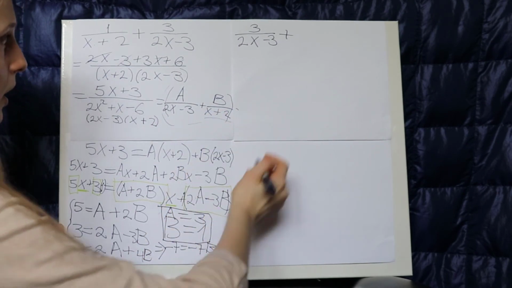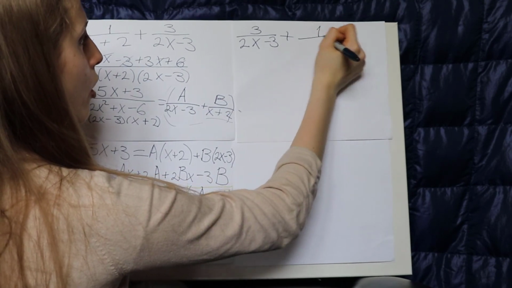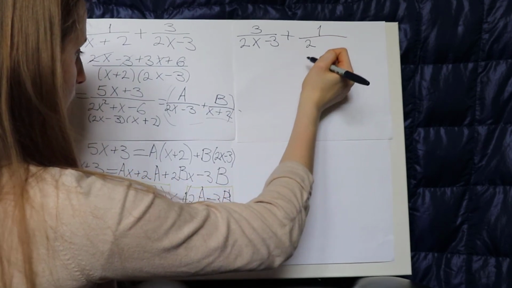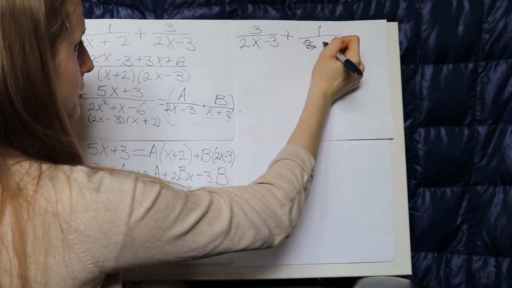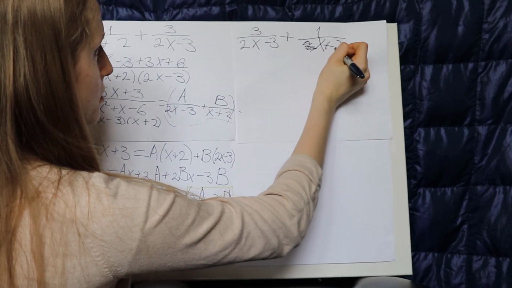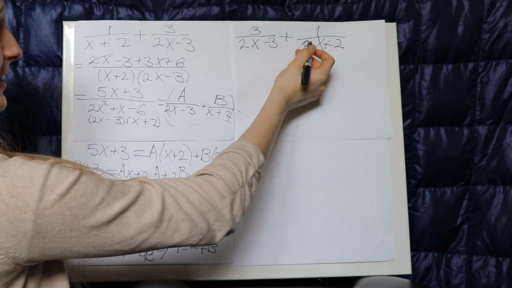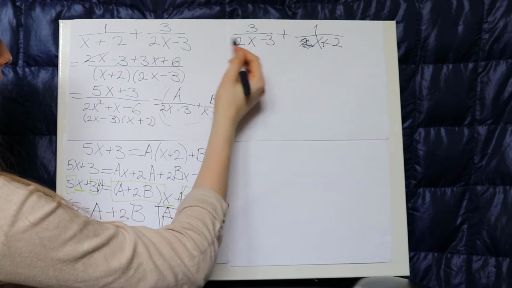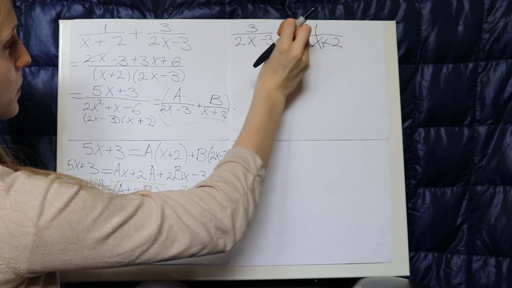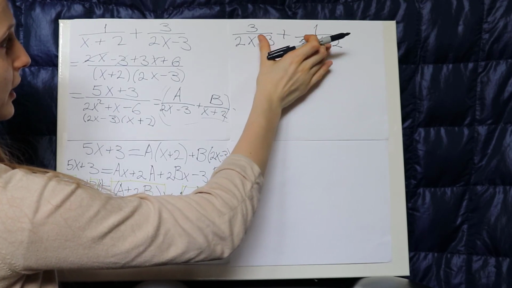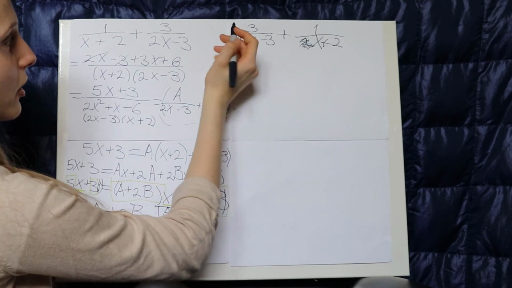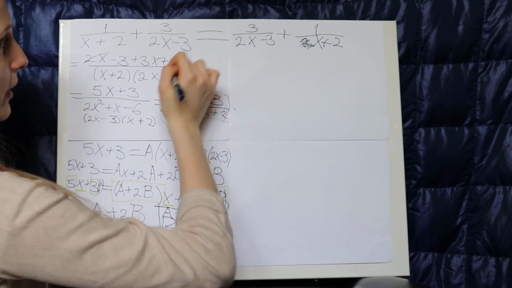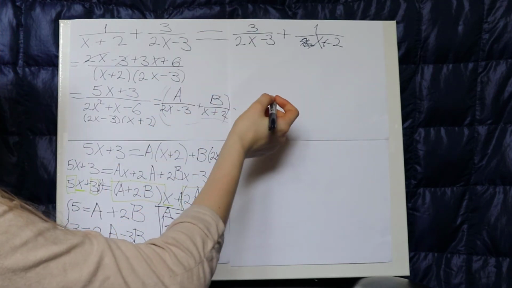So b is 1. 1 over x plus 2. Forget about that 2. And look at this side. They are the same, except this one is switched, so they're just in different order, but they're still equal. So we can put a big equal sign here, and that means we did it right.